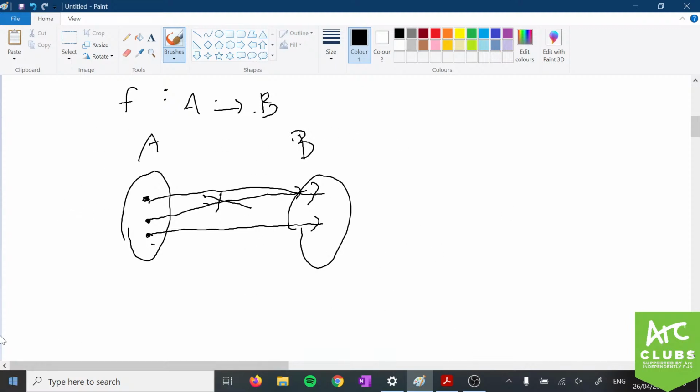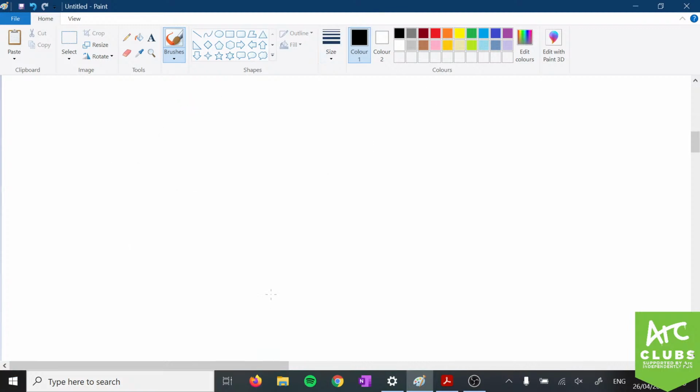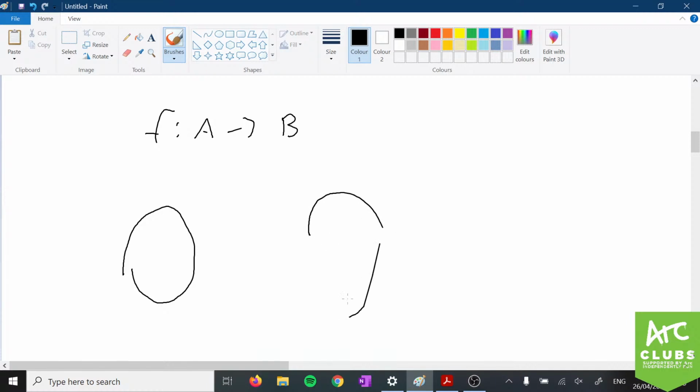Let me draw up the sets again. If f from A to B is surjective, that means we can choose anything in the set B, and we're guaranteed to have an arrow coming from A going to it.